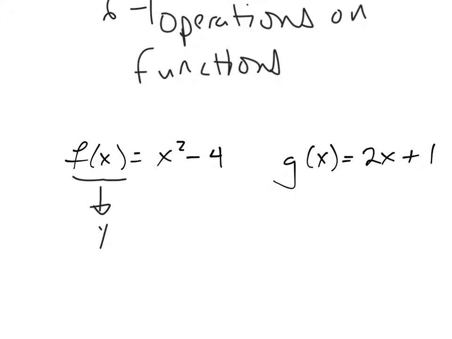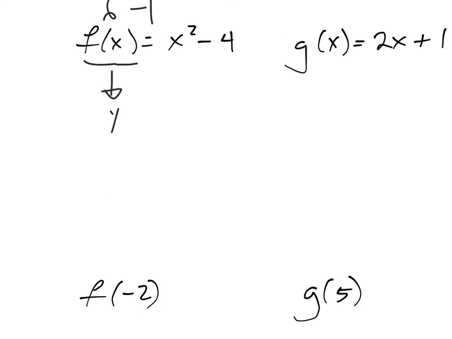So I could say plug 2 into g of x, and you would plug it into the correct one, the 2x plus 1, as opposed to plugging it into the other one, right? This allows us to talk about more than one function at a time. Does that make sense? So the letter doesn't change anything. It just means that we have a different function. So far, so good?